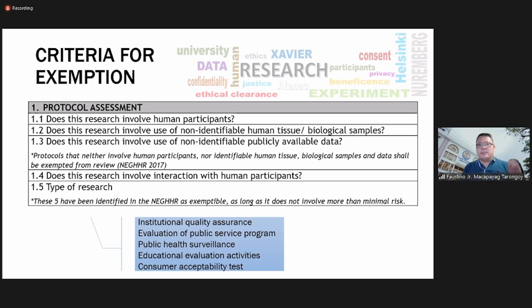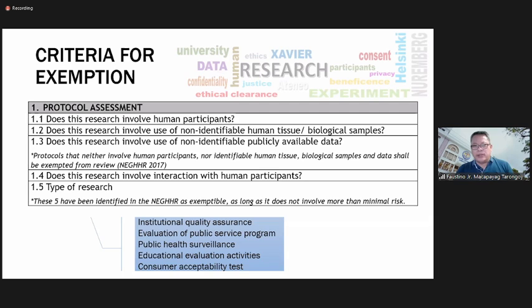But usually it's exempted. When we look at the exemption, we decide based on these criteria, of course: the human participants, non-identifiable. If your data involves non-identifiable data, then that is exempted, meaning there are no names involved. It's just general figures that are given, so there is no identification.